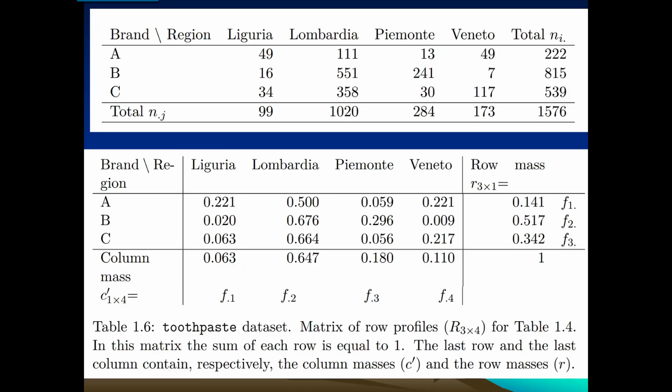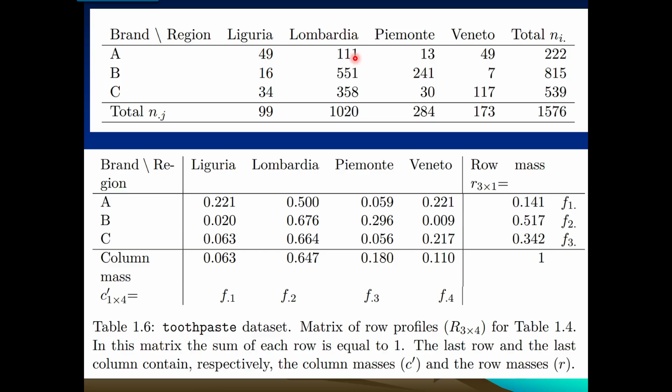Therefore, let me show the original matrix here, the vector of row masses, the matrix of row profiles. You see this 0.5 is 111 divided by 222, 0.5, in the matrix of row profiles.